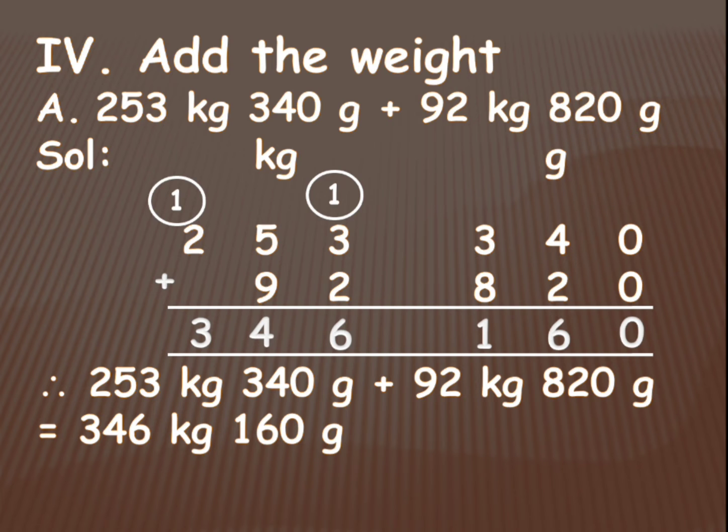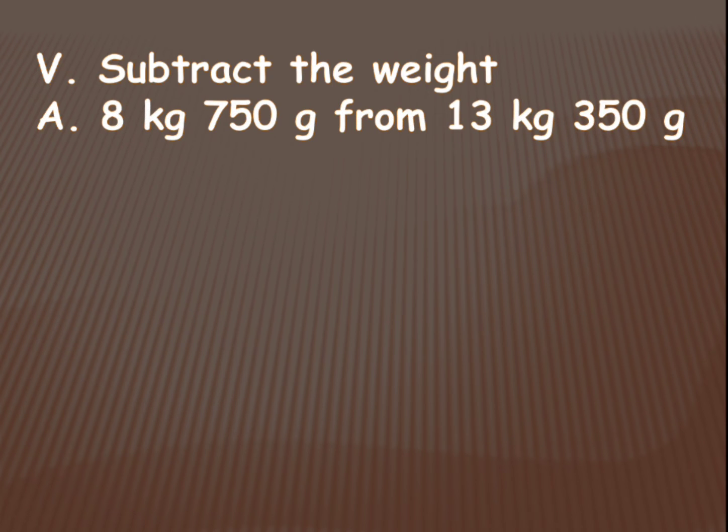Now coming to the subtraction of the weight. 8 kgs 750 grams from 13 kgs 350 grams. Okay children, see here. That means this should be taken away from this. This is your first number, this is your second number. So the sum is actually 13 kgs 350 grams minus 8 kgs 750 grams. Sorry, here 350 grams you have.